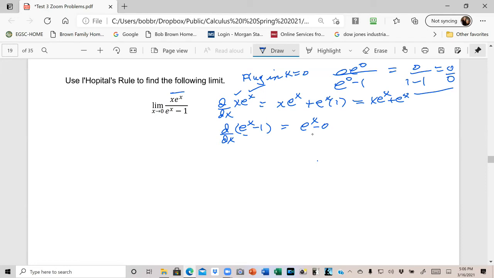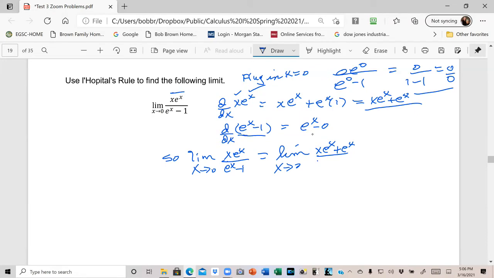So now the limit as x approaches 0 of x e to the x over e to the x minus 1 is equal to the limit as x approaches 0 of this numerator, which is x e to the x plus e to the x, divided by the derivative of the denominator, which is e to the x.